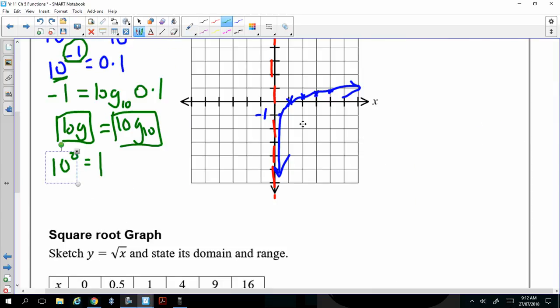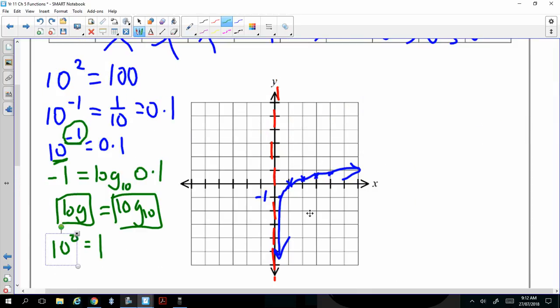Now, for your information, it is actually related to the curve 10 to the power x. If I draw y equal to 10 to the power x, it's exponential, and can you see it's a reflection of this?